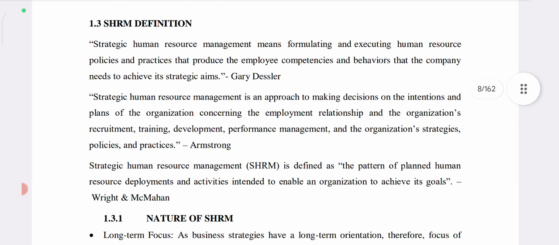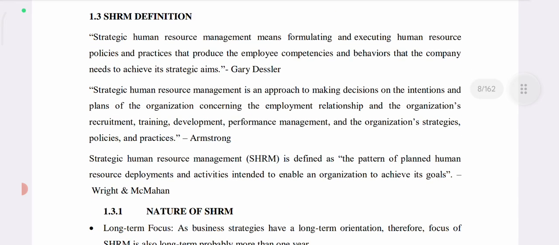Now we will go to the definition of SHRM. Strategic human resource management is formulating and executing human resource policies and practices that produce the employee competencies and behaviors that a company needs to achieve its strategic aims. This was the definition by Gary Dessler.